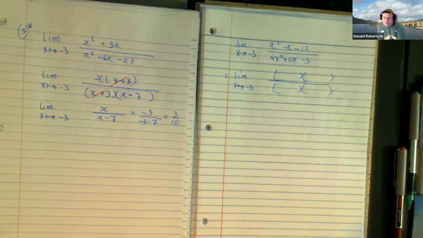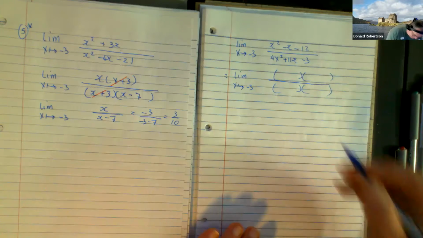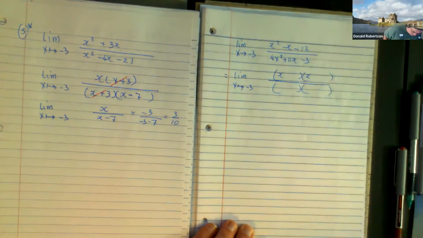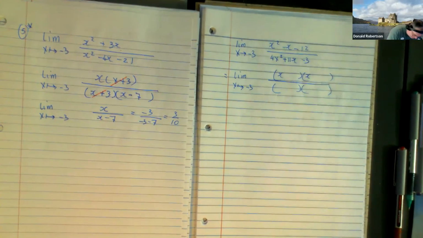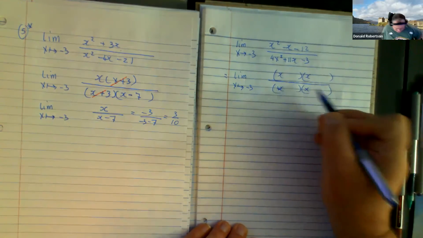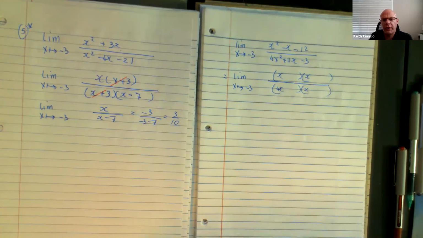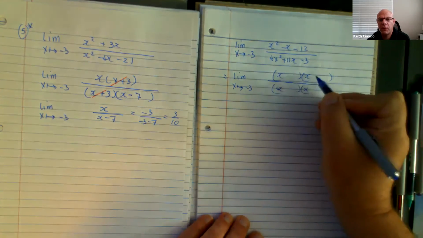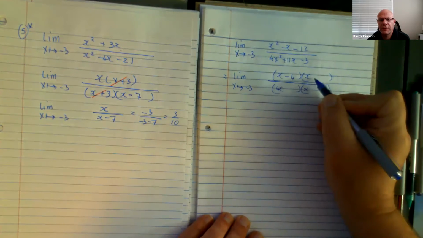Pick top or bottom and tell me what the factors are. So for the numerator, the factors are going to be x minus 4 and x plus 3.